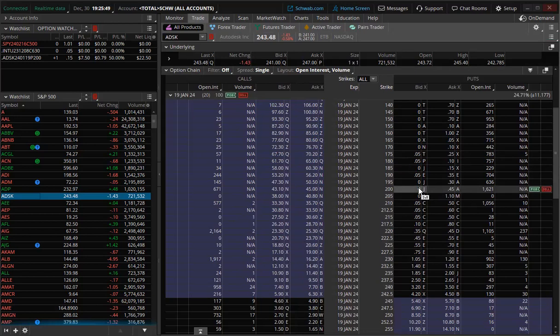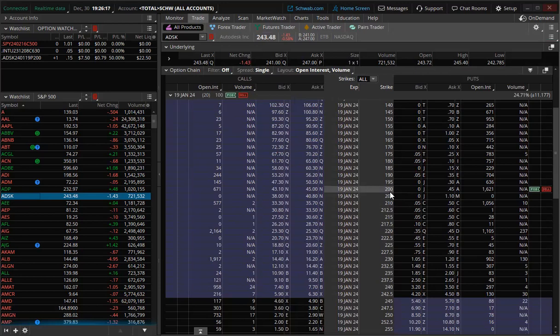There's no bids. Nobody's offering any money for this 200 strike price because the price is up to 243. So this 200 strike price doesn't look like it's very favorable.